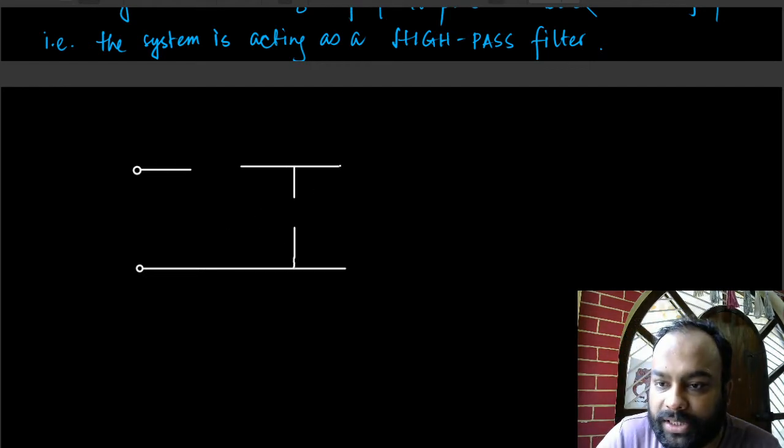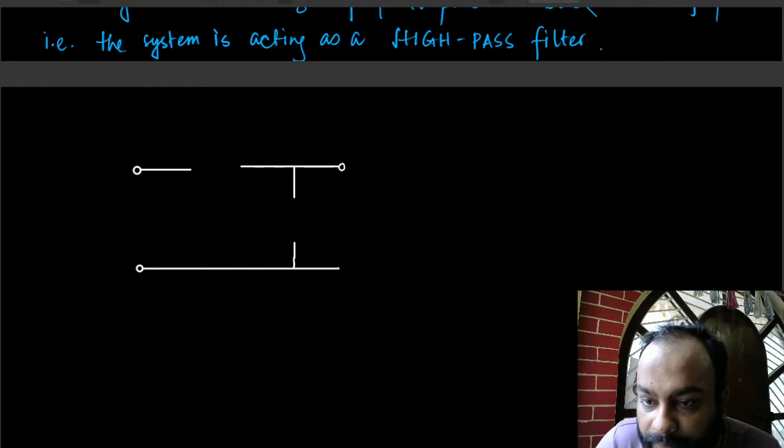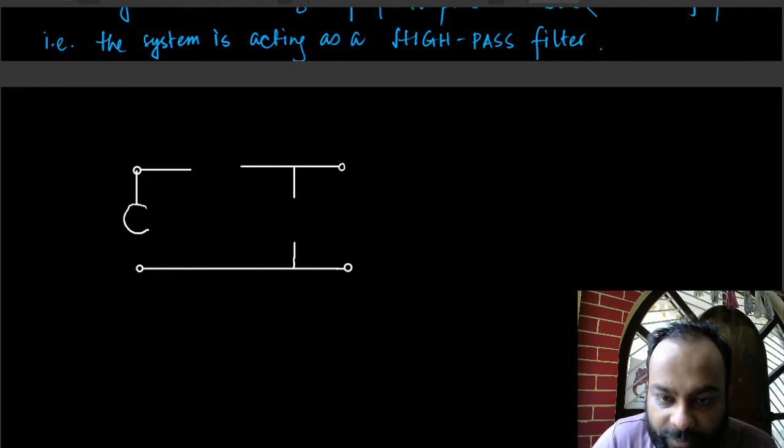Whoever tells me first gets to choose that. I can put the inductor here, resistor here, or the other way around. We are talking about an RL circuit. Again, I have a voltage source here. So what should I do? You tell me, and you shall have to do the other one as homework.